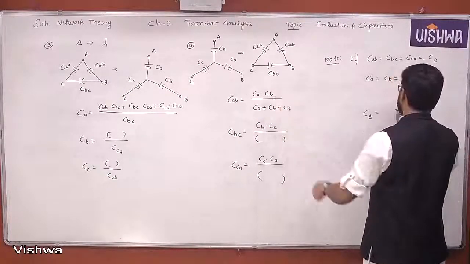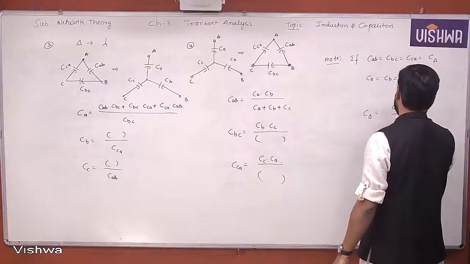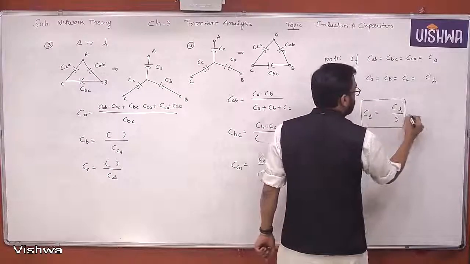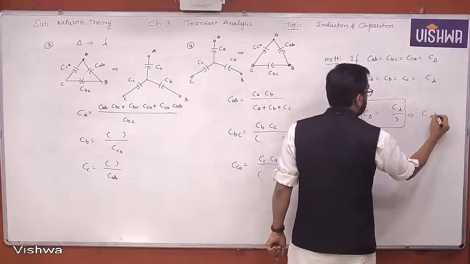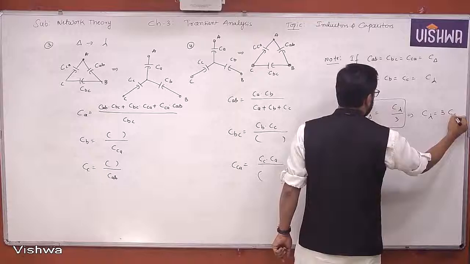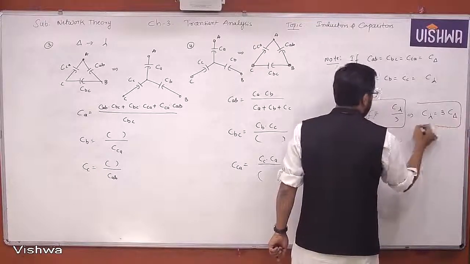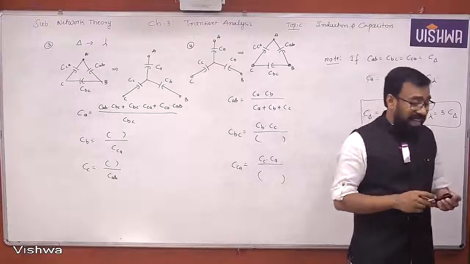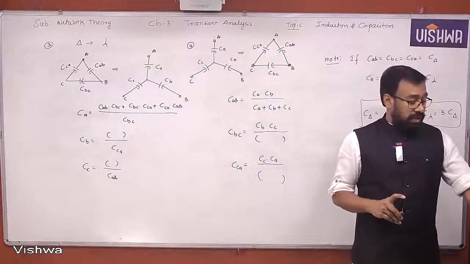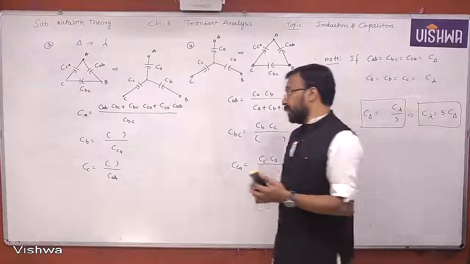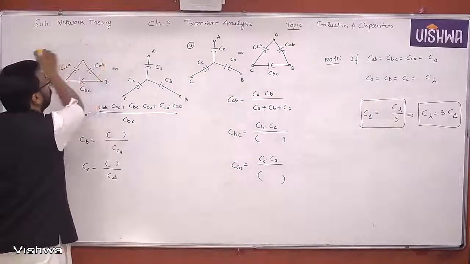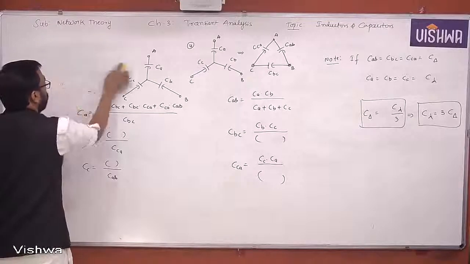C star gets cancelled. Finally, you are getting C star by 3. Or else, C star can be written as 3 times C delta. It is very clear that each element of the star equivalent will be 3 times the delta equivalent capacitance.